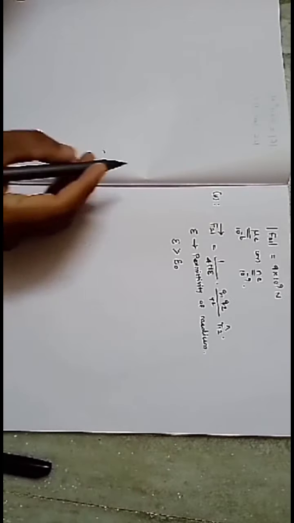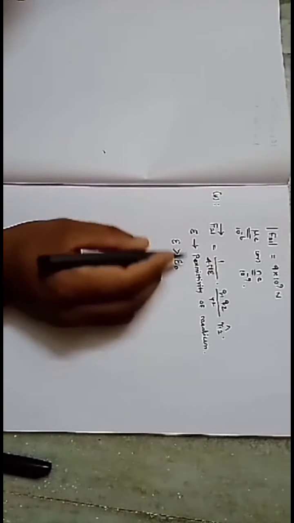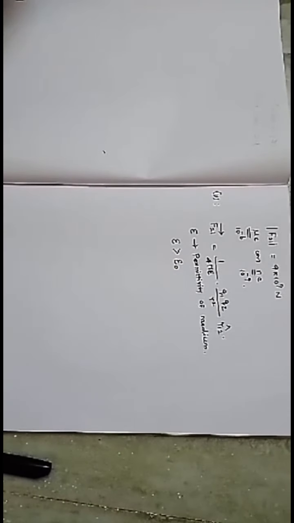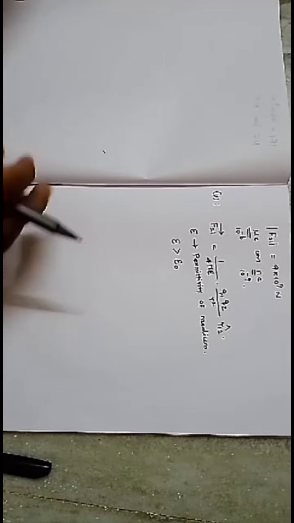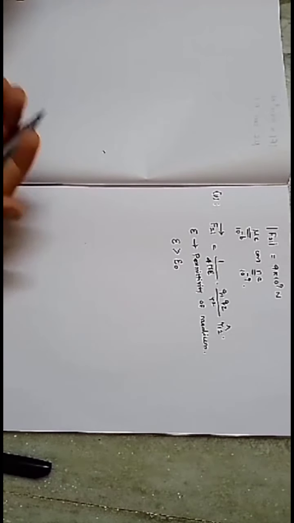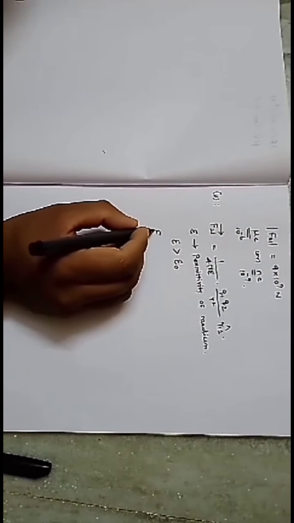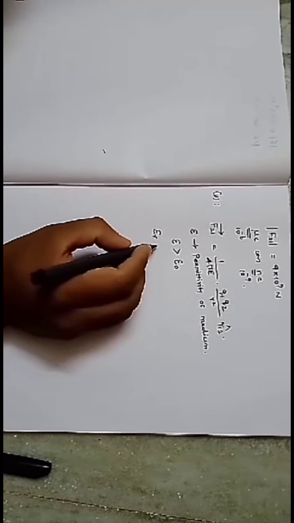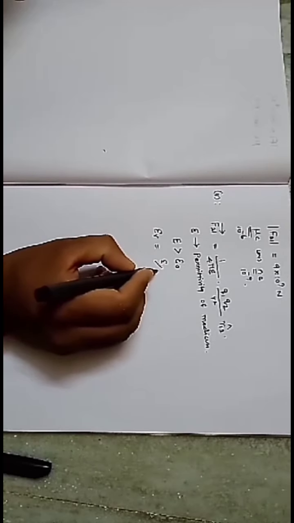Okay students, right. Now we are going to explain the relation between the permittivity of the medium and the permittivity of free space. It is given by epsilon r is equal to epsilon divided by epsilon naught.